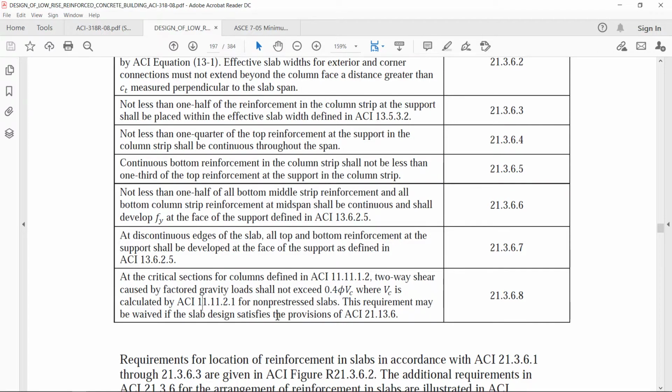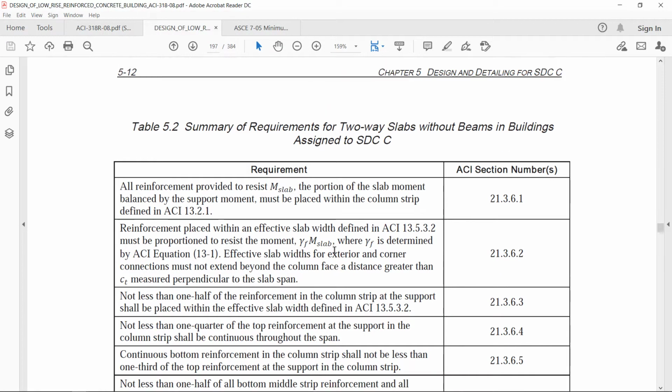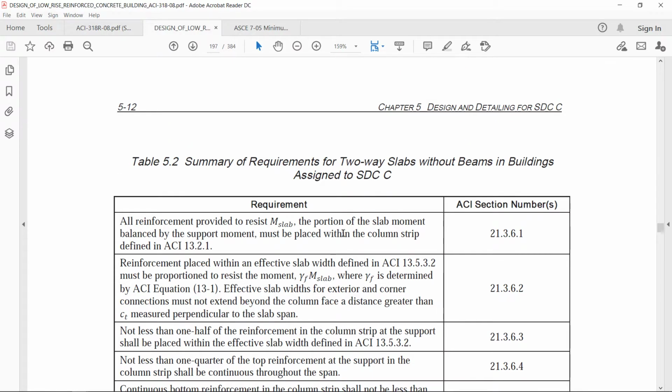The slab should be safe against punching also. Now, having explained all these requirements for a two-way slab system in designing a building which is assigned seismic design category C, let us see what has been done in this problem.